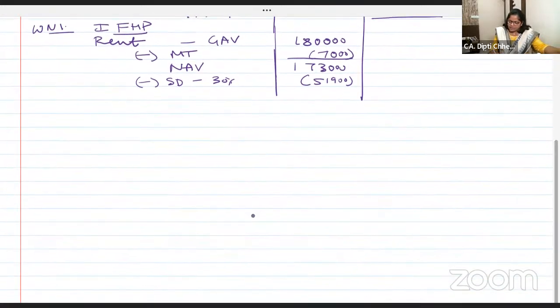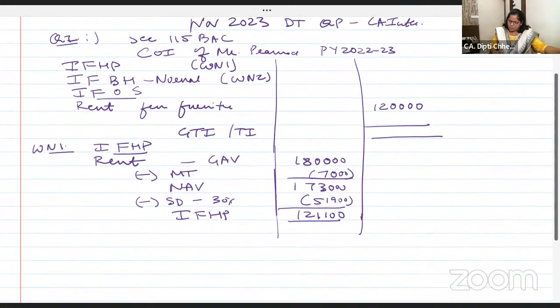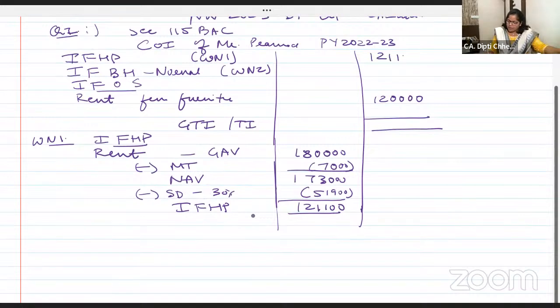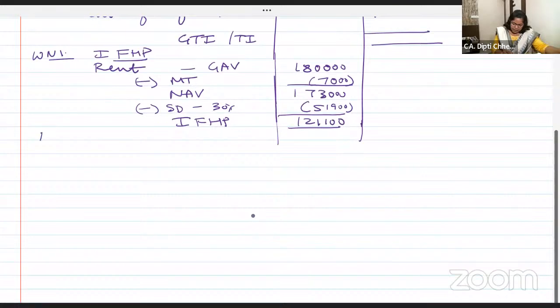Promise me you are all using the calculator and calculating and not copying, because in the final exam you only have to do it yourself. Right? Is there any interest on loan? No. So what is the income from house property? 1,21,100 is the income from house property. There is no question of loss. 1,21,100.